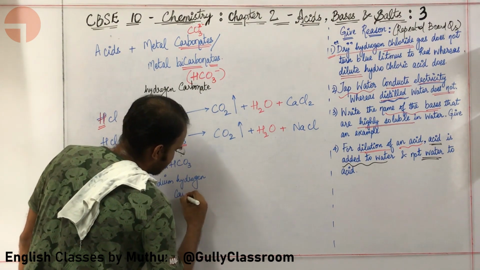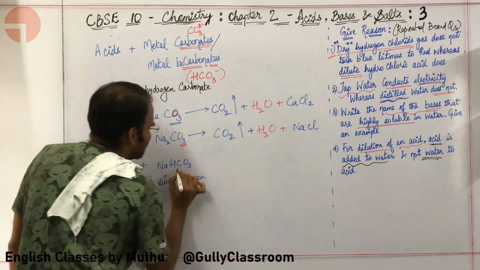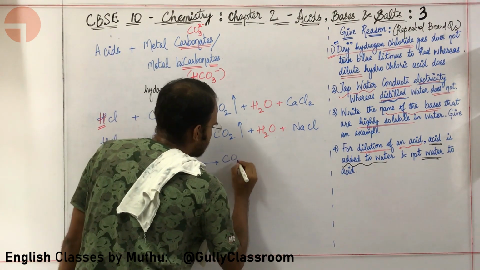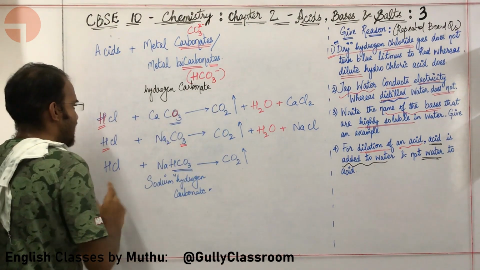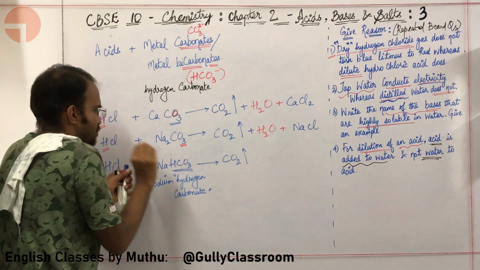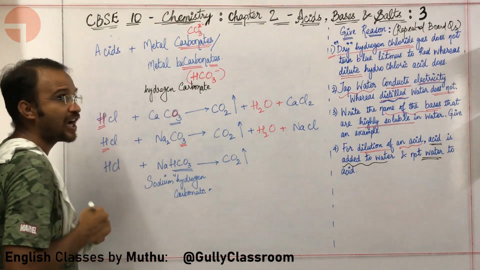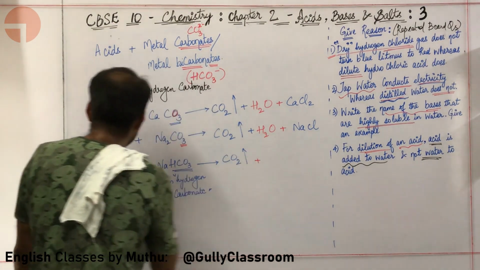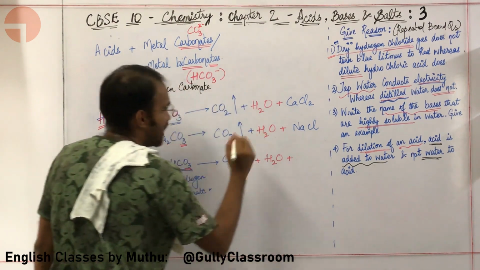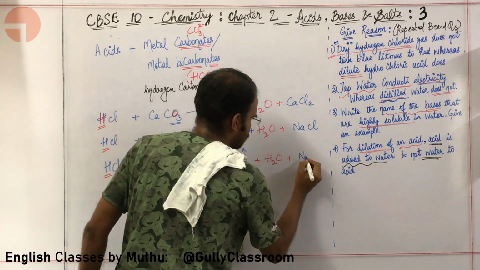When an acid is put on a carbonate and also when an acid is put on a bicarbonate, or hydrogen carbonate, you will get CO2, carbon dioxide, out of it. Here there is hydrogen and here there is oxygen. I will simply get H2O, and finally what salt will I form? I will form NaCl, sodium chloride.